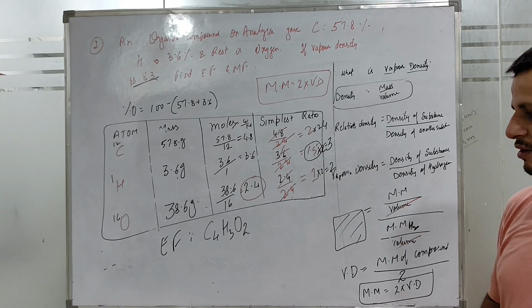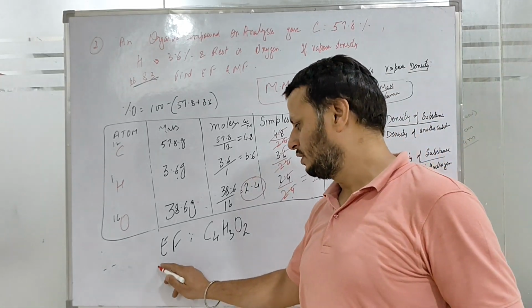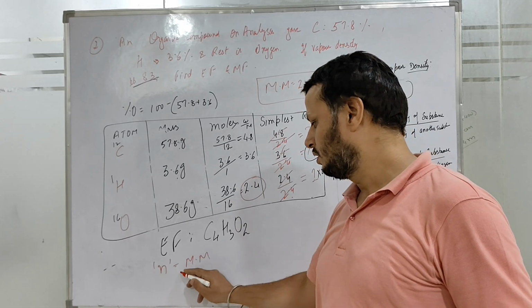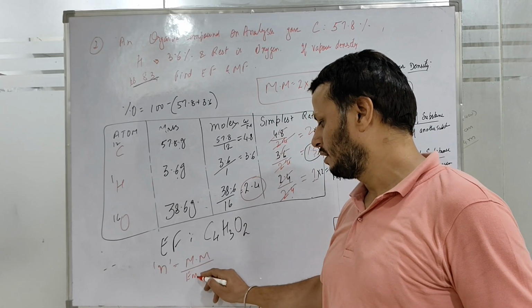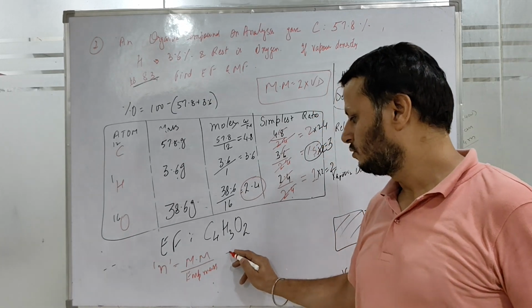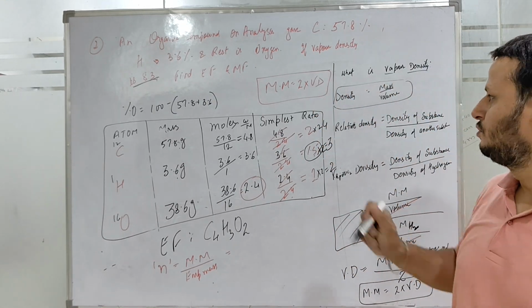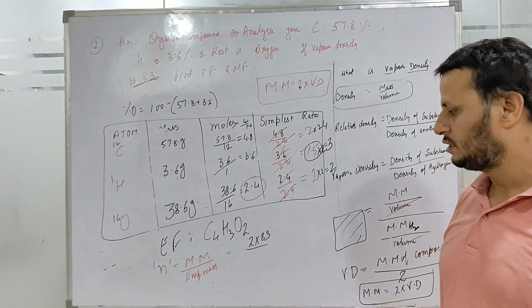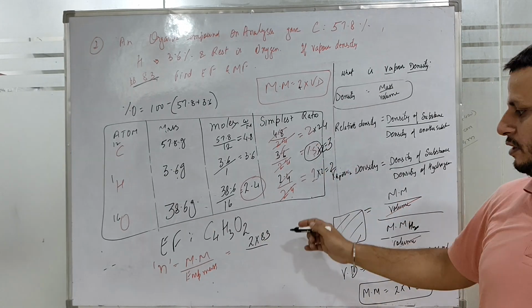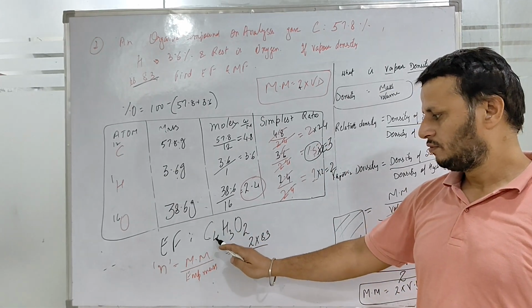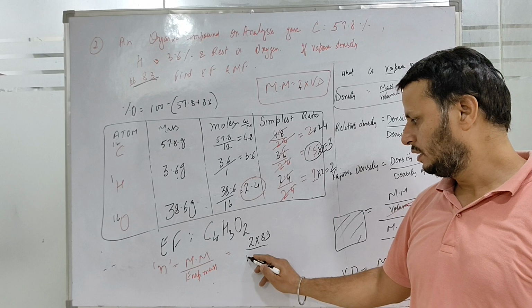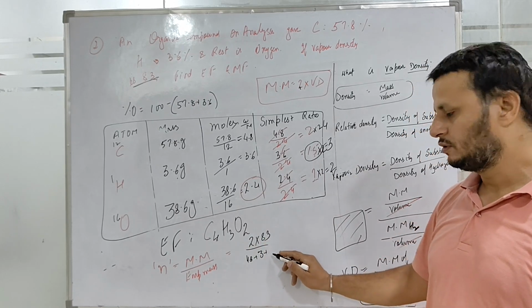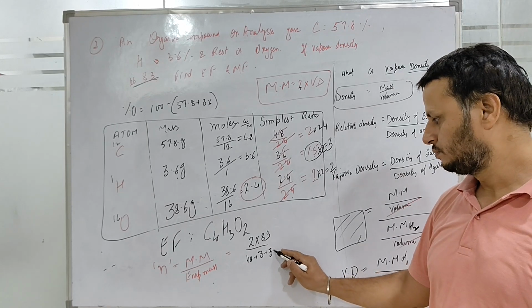Now to calculate the molecular formula, we will again find the common number, that is molecular mass divided by empirical mass. तो molecular mass कैसे आएगा? 2 into vapor density. 2 into 83 divided by empirical mass. 12 into 4 is 48, plus 3 hydrogen 3, plus 2 oxygen 32.